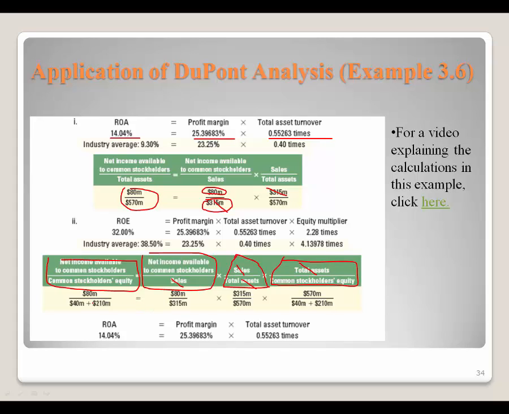Calculation wise, you can follow profit margin, total asset turnover, equity multiplier. So the ROE of 32% is the product of three different ratios. Or say ROE is affected by the company's profit margin, how the company manages assets, and how the company is leveraged, or how the company is financed.